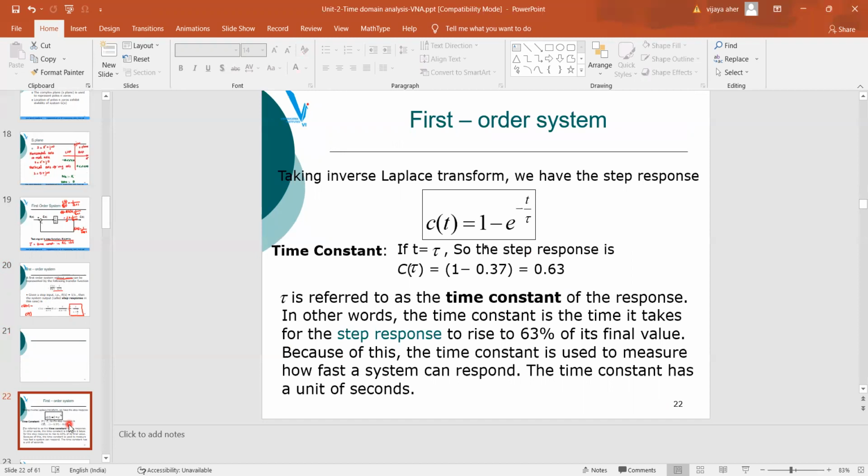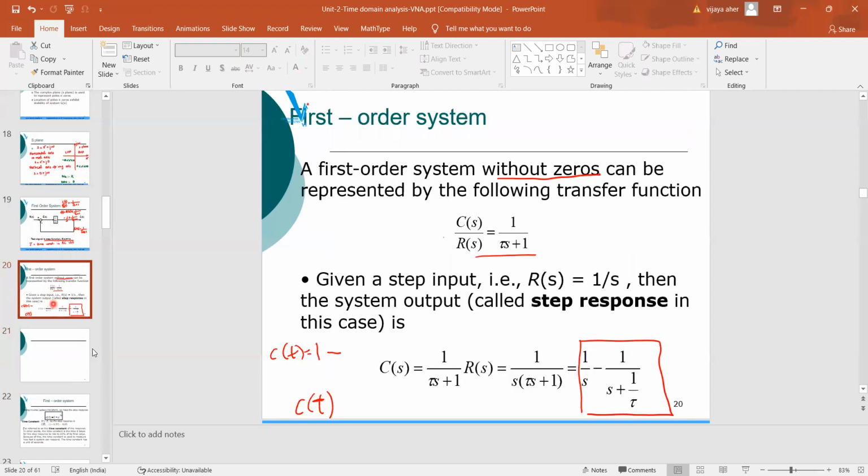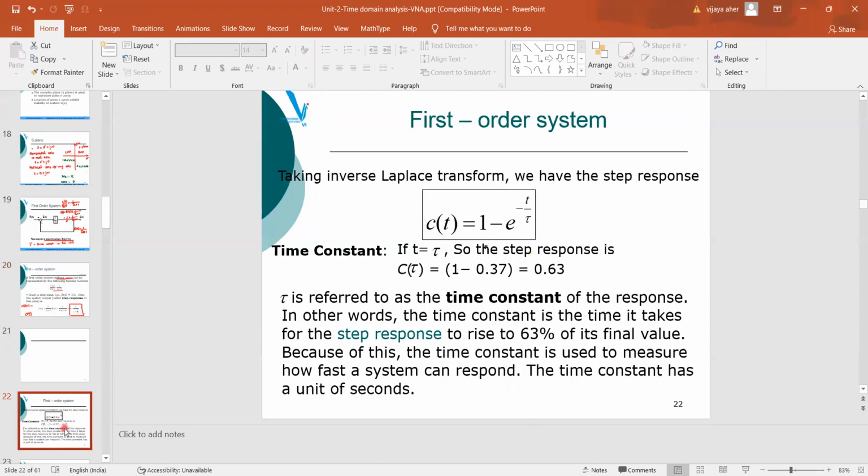Now taking the Laplace inverse transform of this equation, because this is the equation for C of s, you will get C of t. So taking the Laplace inverse transform, we have the step response in time domain analysis for a first order system.